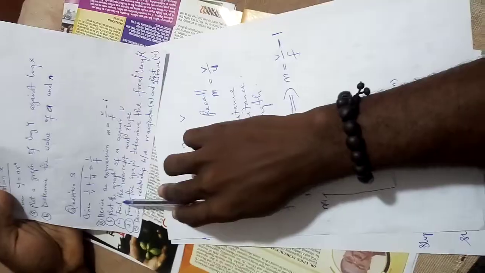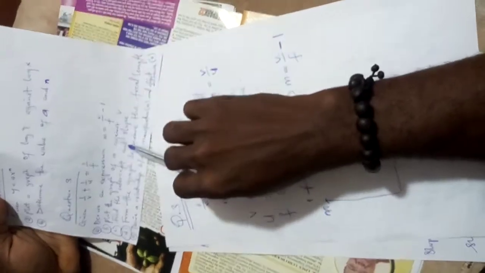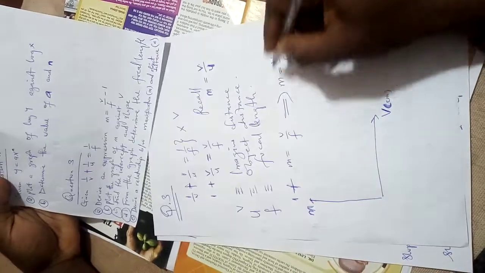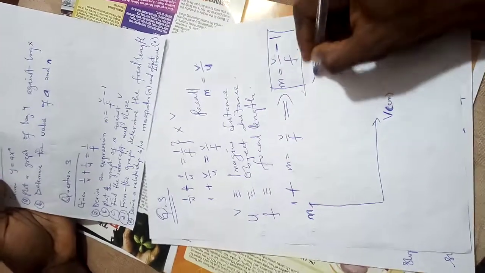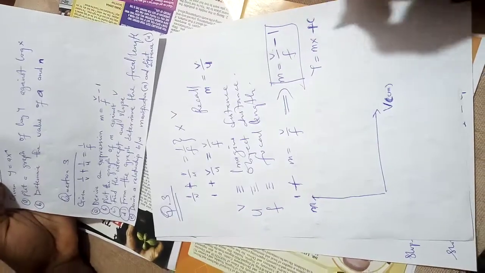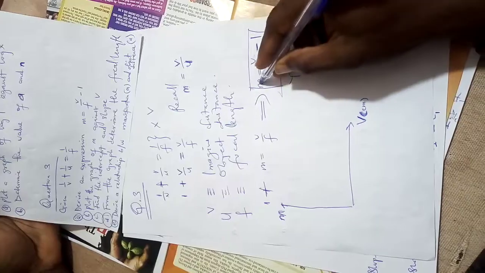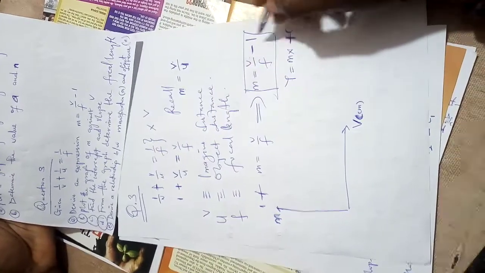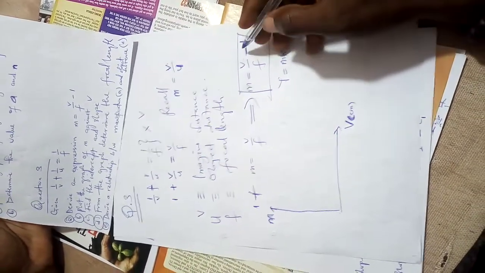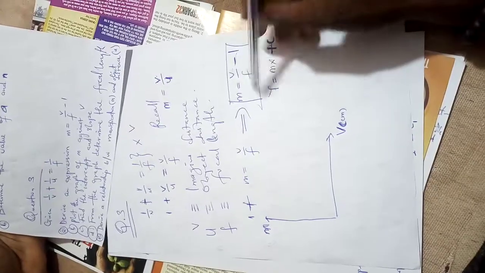Then the next question they ask us is that we should find the intercept and the slope. If we compare this equation here with the general form of a straight line, we are going to have that our y corresponds to m, and our c here corresponds to minus 1.